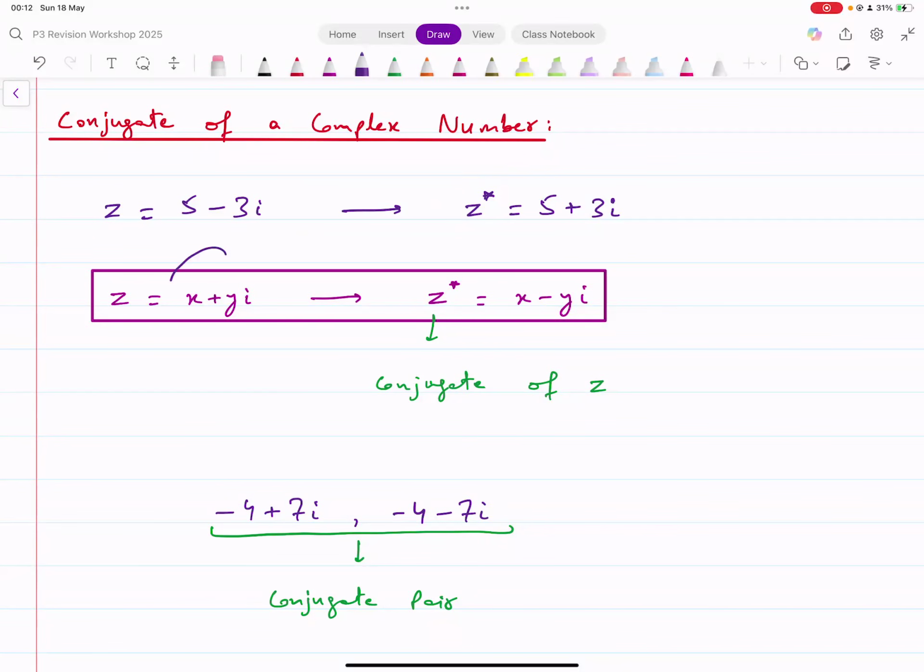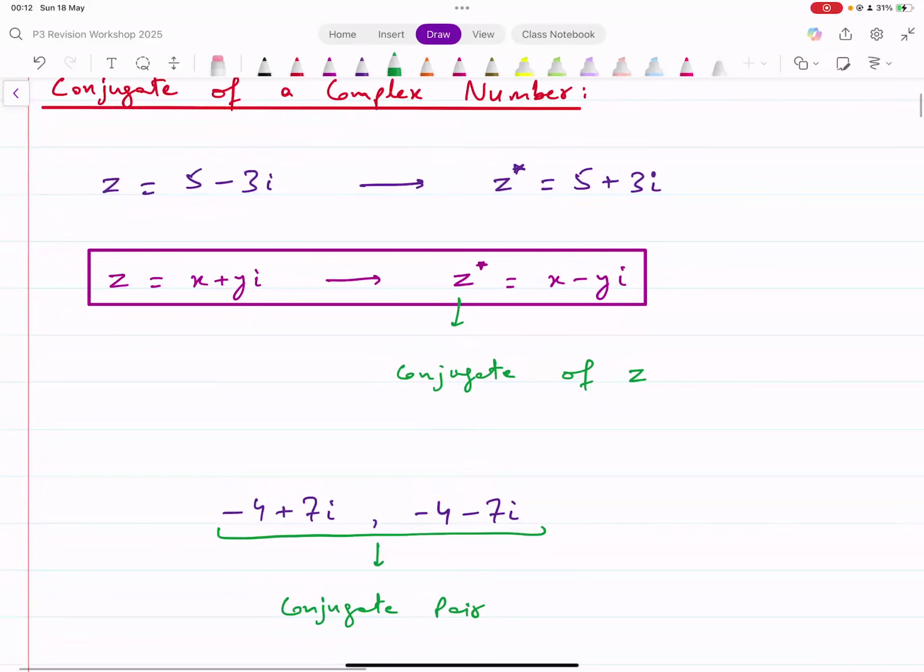So if we have x plus y iota, the conjugate z asterisk is x minus y iota. What happens is the imaginary part's sign is flipped and it becomes the conjugate. If you have two numbers like -4 plus 7 iota and -4 minus 7 iota, you see the imaginary parts have different signs. These are conjugates of each other. Together we say it's a conjugate pair.